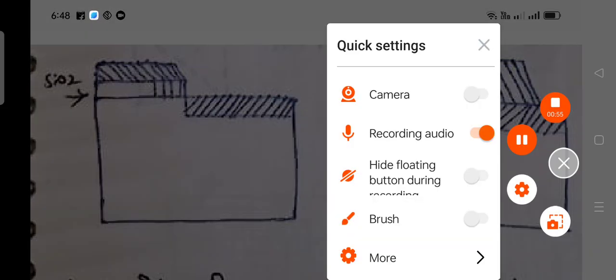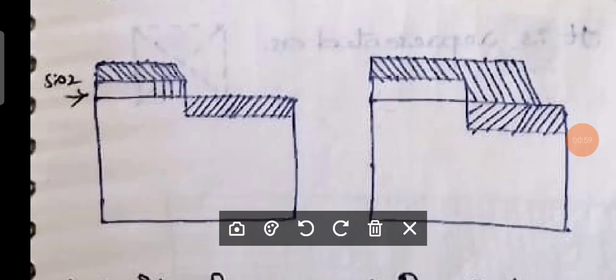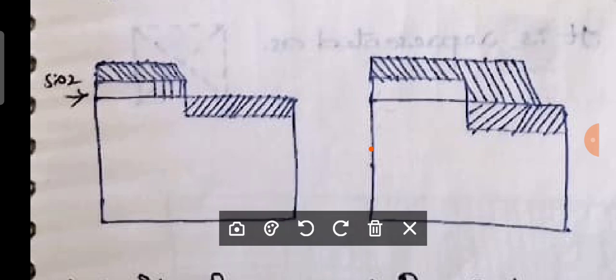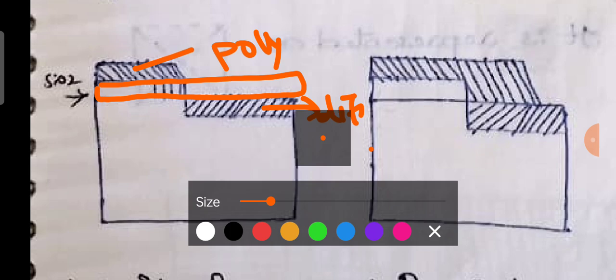Now we know very well that if we are having a substrate, let us consider this is our substrate. Now we know very well that this is your thin oxide, right? This is your thin oxide, and this is poly and this is diffusion. Okay, now you can observe this area.